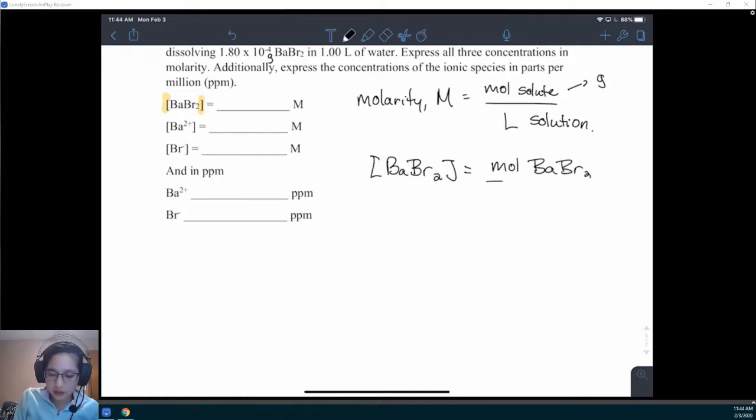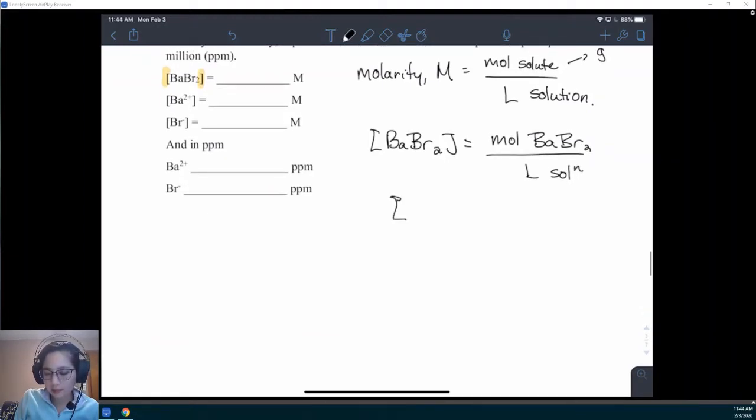Also, the concentration of barium is equal to moles of barium 2 plus over liters of the solution. Also, the concentration of bromide is equal to moles of bromide over liters of our solution.